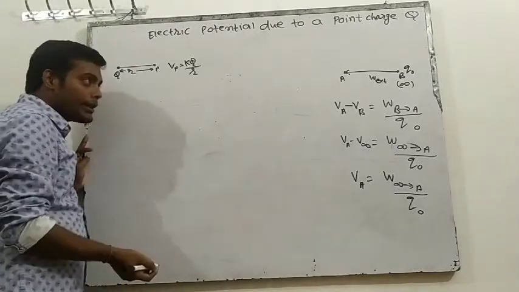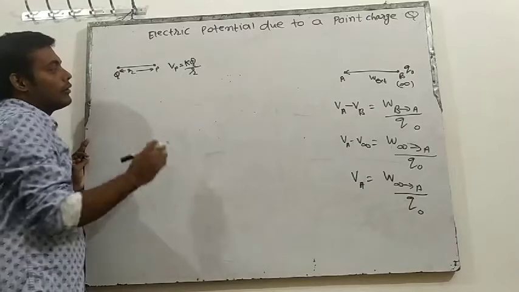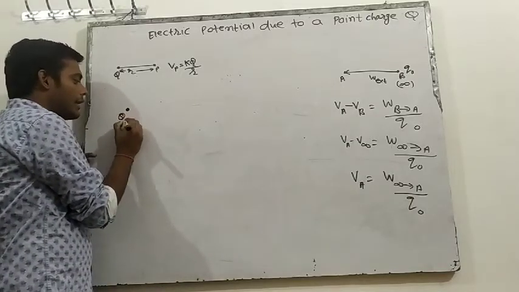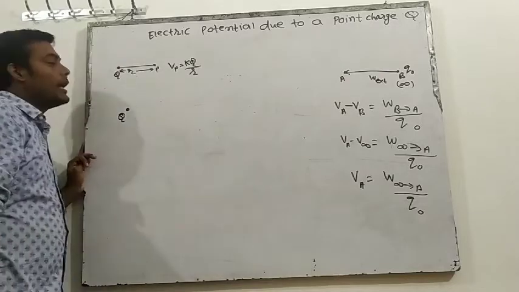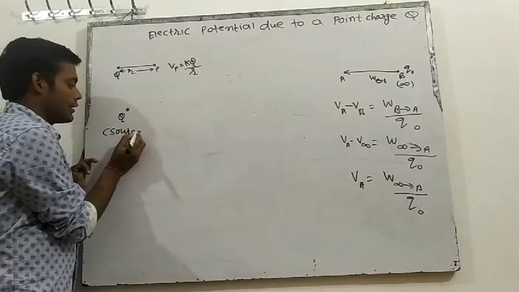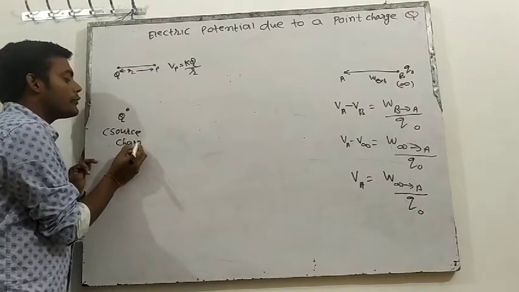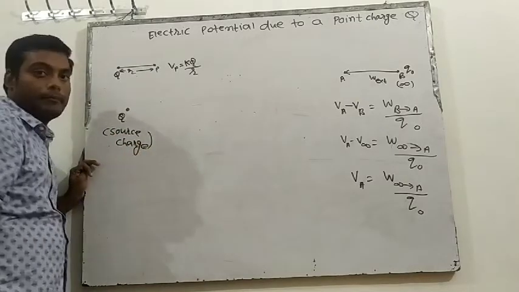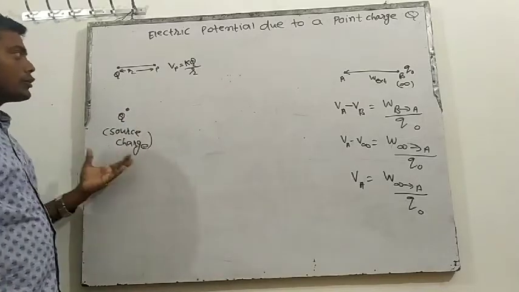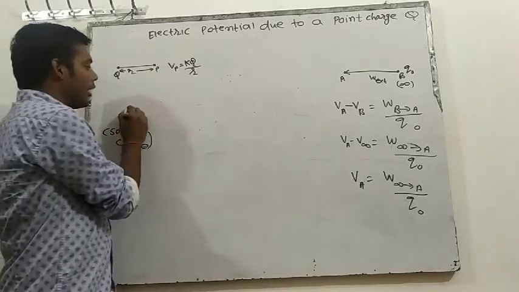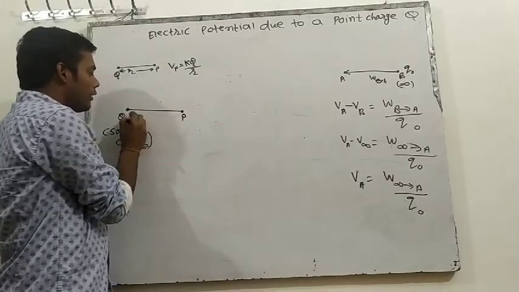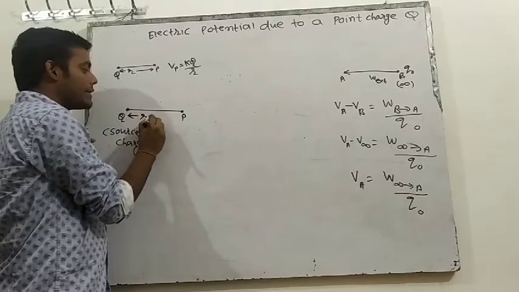Let us recall our previous lecture a little bit. In our previous lecture, we understood that if there is any charge Q, this Q is the source charge. Source charge means which will create electric field. Let's say there is a source charge capital Q, and a point P at distance R from the source charge.